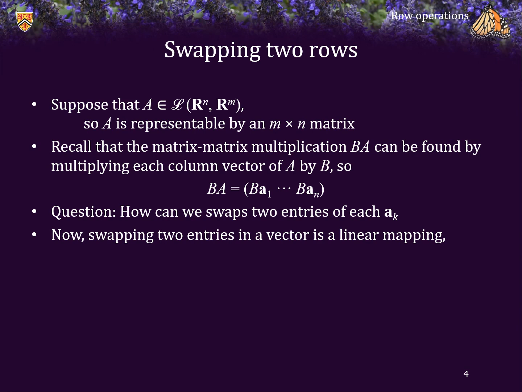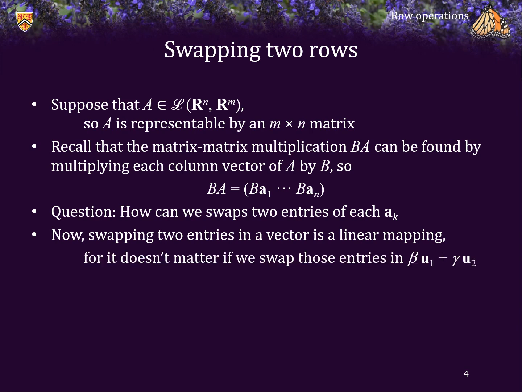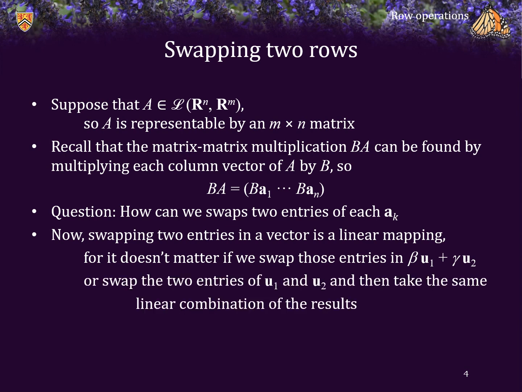Now, first of all, we have to realize that swapping two entries in a vector is a linear operation. Why is that? Well, it really doesn't matter. If I have two vectors u1 and u2 in Rm, and if I calculate a linear combination of those two and then swap entries i and j, that's not going to be any different than swapping those two entries in u1 and u2 separately and then taking that same linear combination.